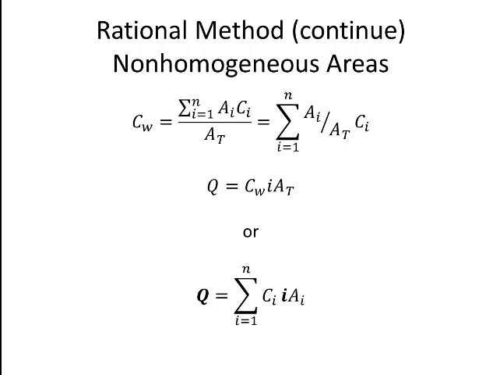Or you can pull the rainfall intensity out of the equation and multiply each individual coefficient to its area and sum these values to get the total runoff.